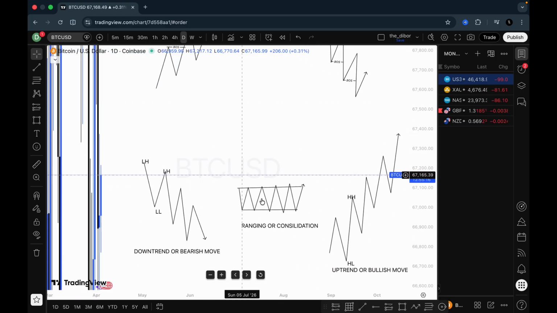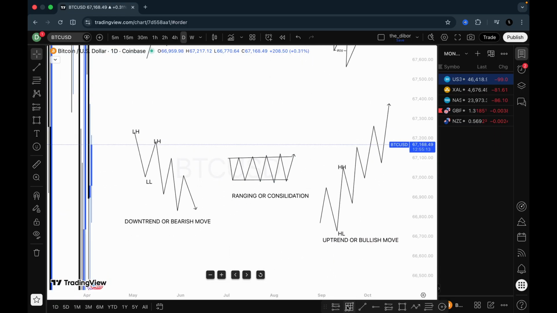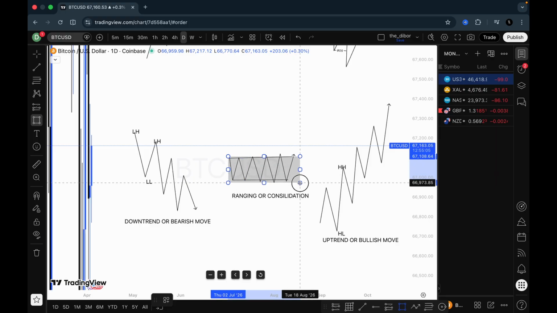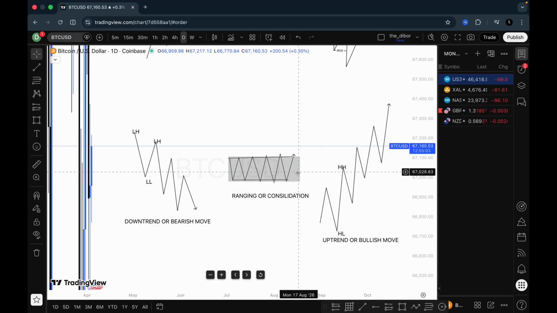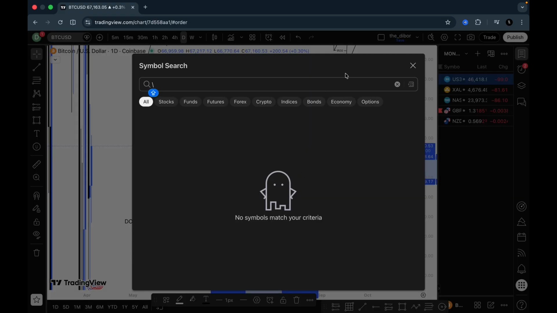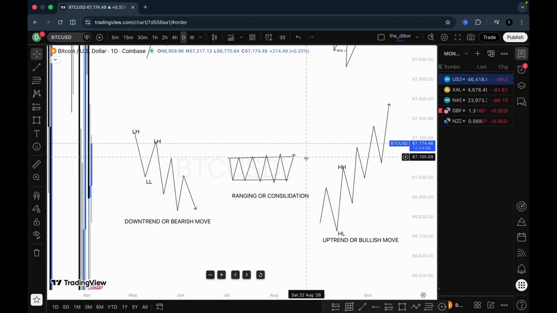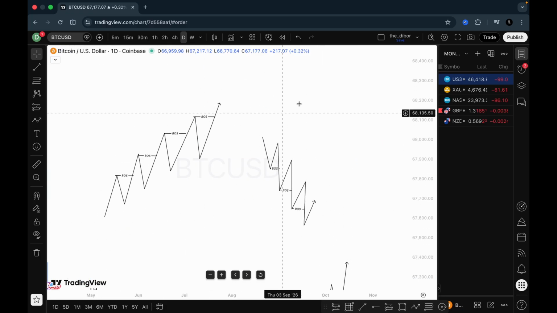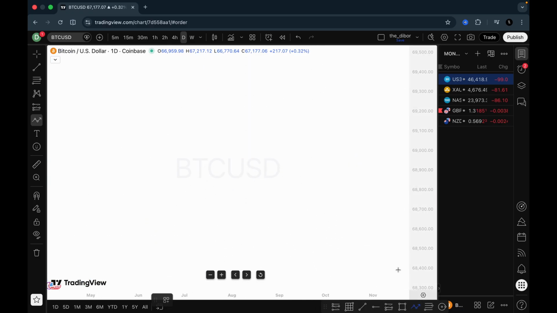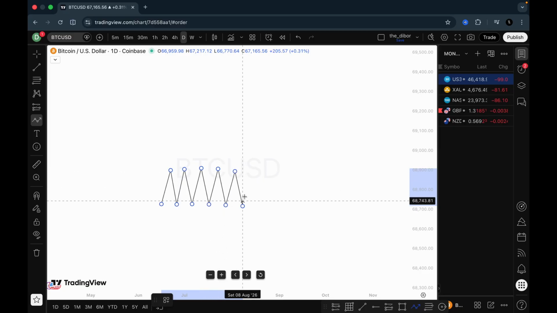And in cases where the market is not breaking past a particular zone, it is just around a specific zone, it is called consolidation or a ranging market, right? It simply means that the market is just giving us highs, lows, highs, lows, equal highs and equal lows, like this.